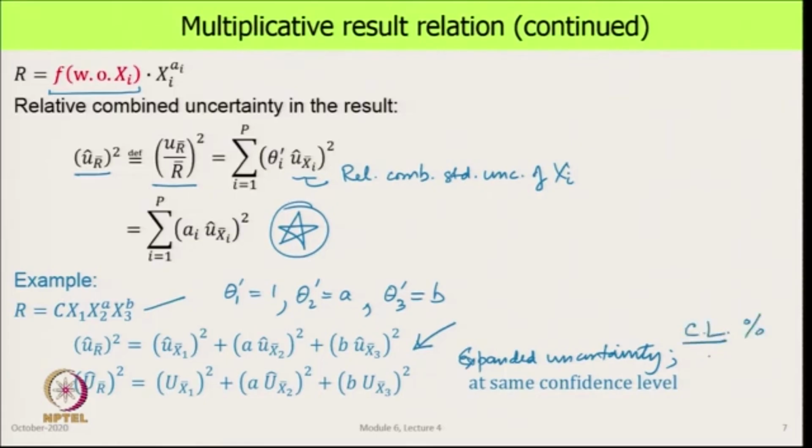This confidence level as a percentage will tell us the multiplicative factor, which was k C L. Now, a restriction is that for every parameter, going from u x I to capital U x I with or without the hat, every one of them must be at the same confidence level.